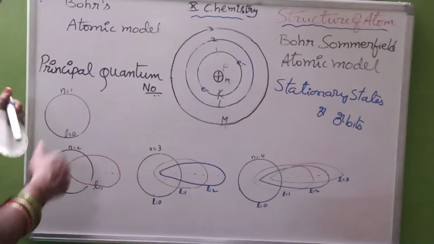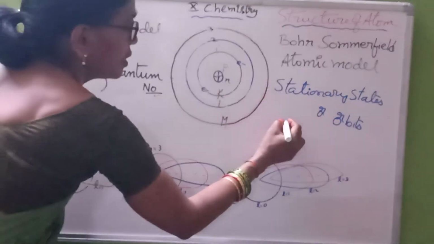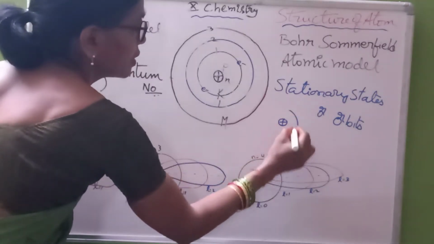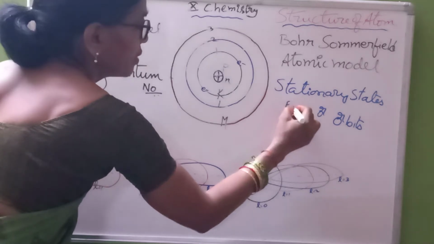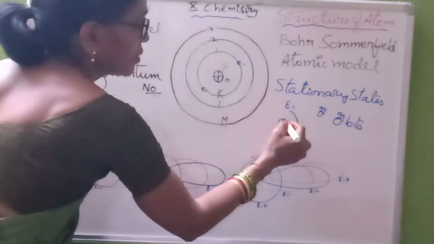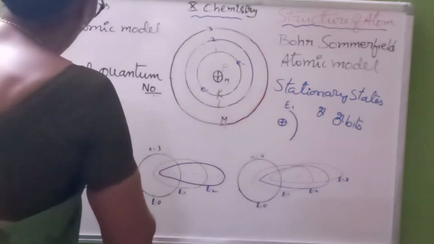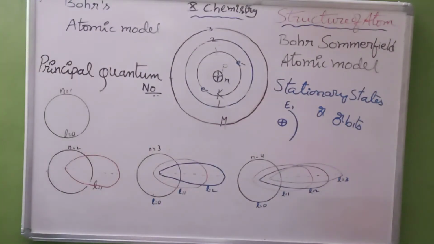In certain cases, see here, there is a positively charged nucleus, this is the E1 shell which has less energy, being close to the nucleus, and another shell is the E2 shell.